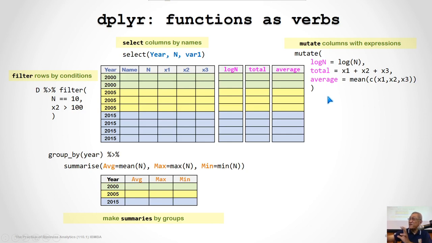So it makes it a lot easier to read and write. Within the mutate, you define a series of new columns with expressions made out of the existing columns, right? That is mutate.